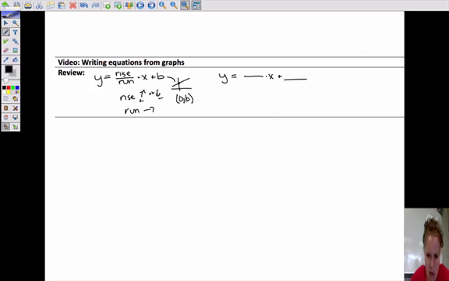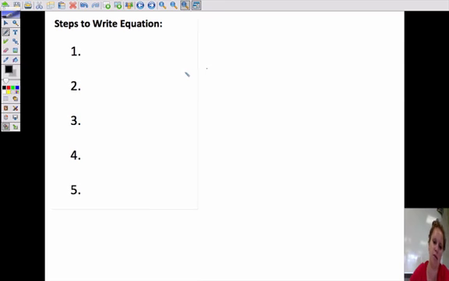Okay, so I think that's enough review. Let's get started. There's going to be 5 steps that we use to fill in those blanks. First, I want to start with the blanks themselves. So we're going to start with y equals the rise over the run times x plus blank.